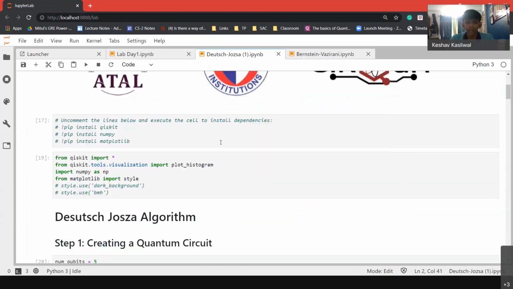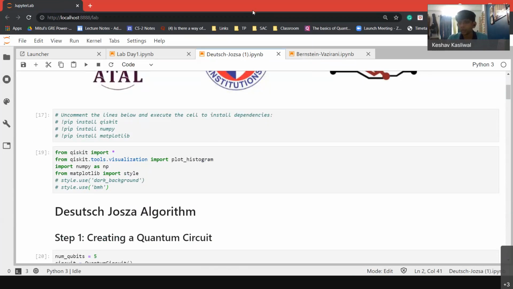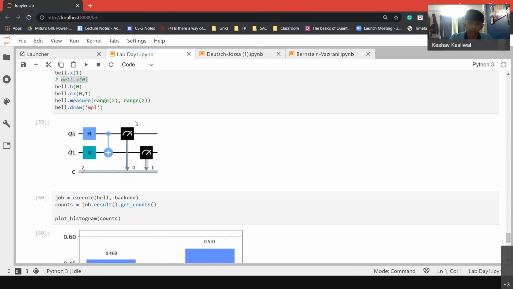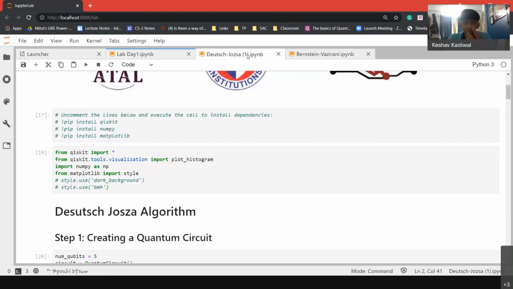If anyone has any doubts, do let me know. I'll wait for a moment, and then afterwards we can proceed to the meet link. If there are any questions related to both of the implementations, that is, the single qubit and the multi qubit, or the Deutsch-Jozsa algorithm, do let me know.